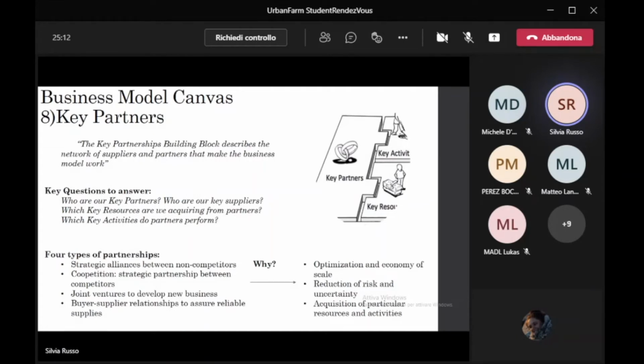The authors identify 4 types of partnership: strategic alliance between non-competitors, co-competition or strategic partnership between competitors, joint venture to develop a new business, and buyer-supplier relationships to assure reliable supplies.